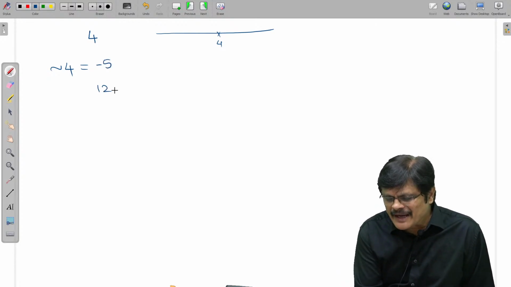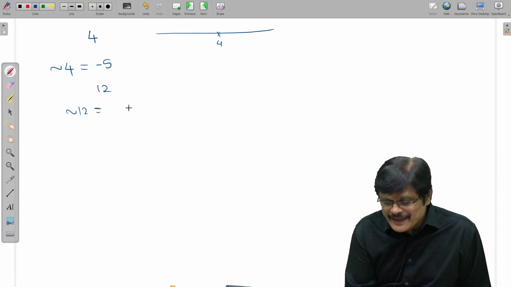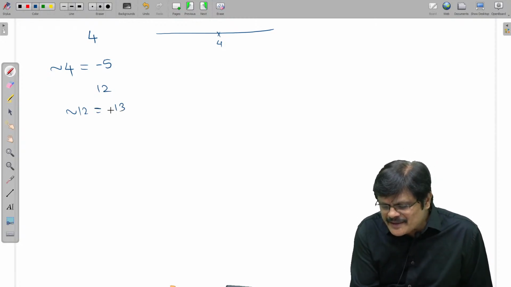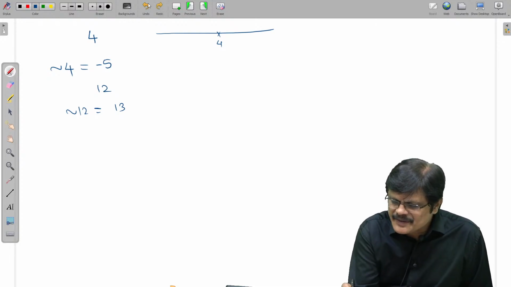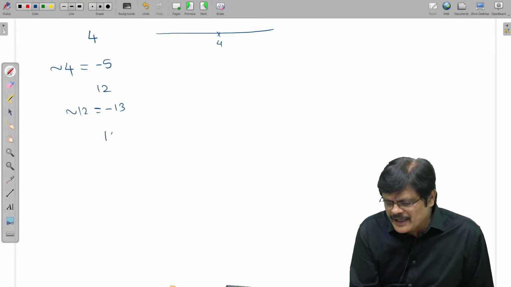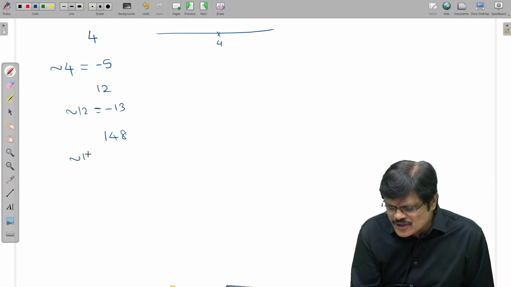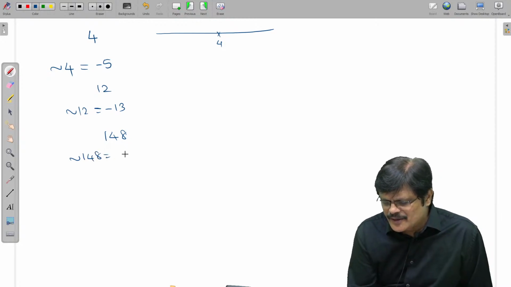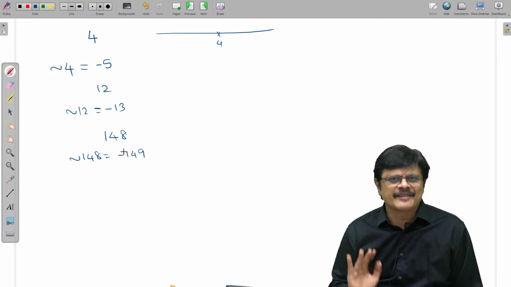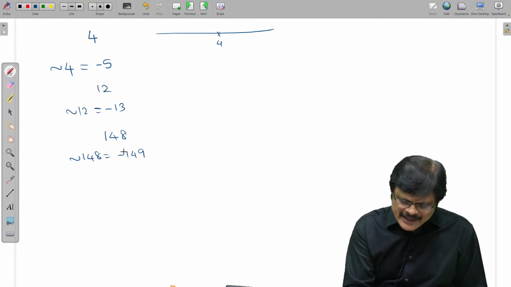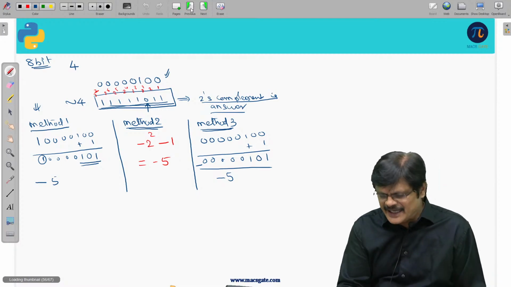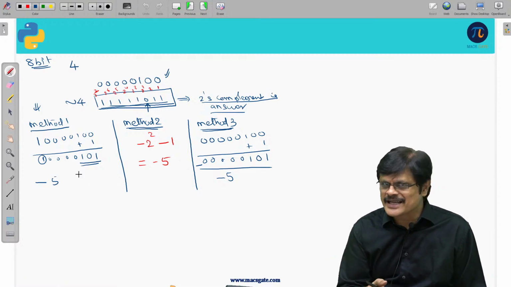For example, if you have 12, what is the bitwise complement of 12? One number more than that with a minus sign. You take 148. What is the complement of 148? One number more than that with a minus sign. It works. You can verify this. Of course, I gave 3 methods; you can check with any of them.